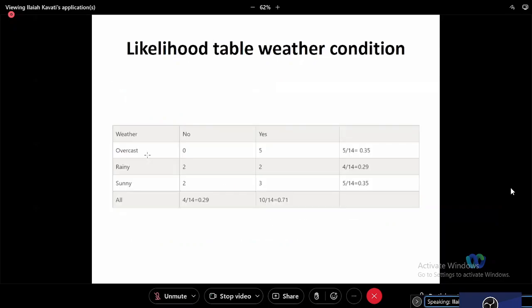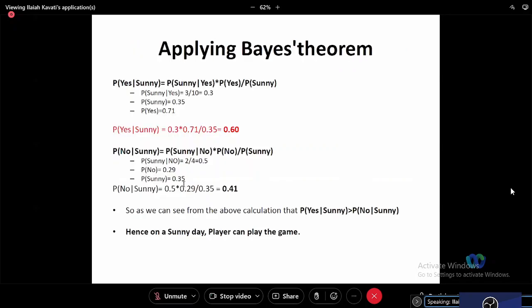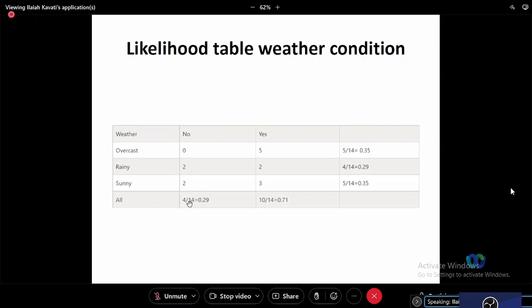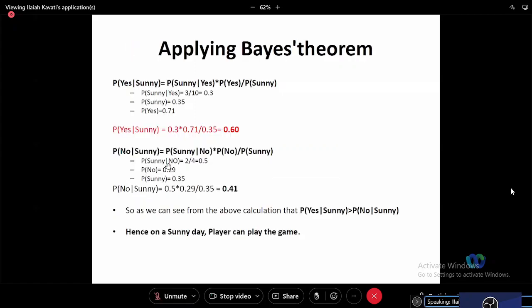And how many times sunny was there, right? So you can see no play was there for four times, right? 4 times. Among that, 2 days were sunny, right? So there are 4 no play days among those 14 records. So among those 4 days, 2 days were sunny, right?